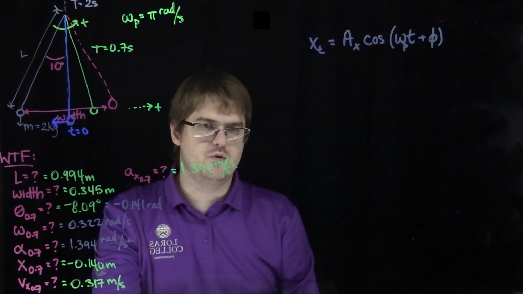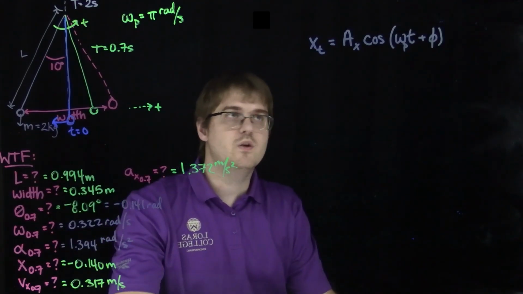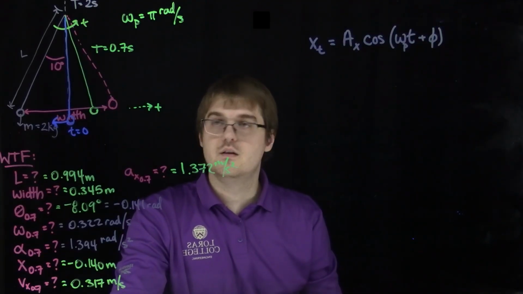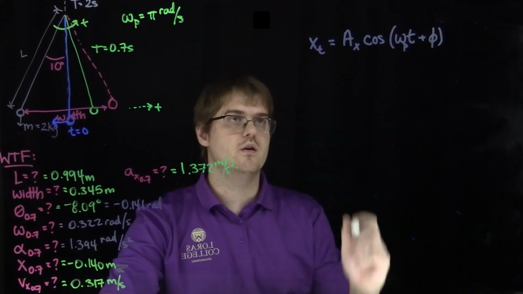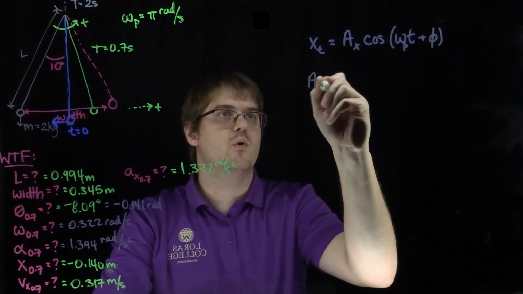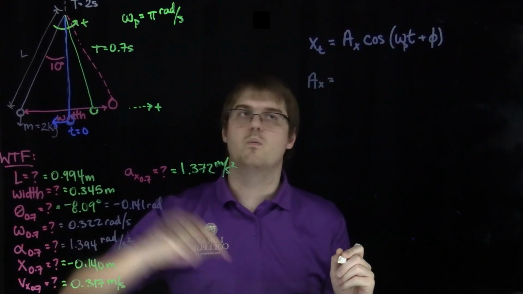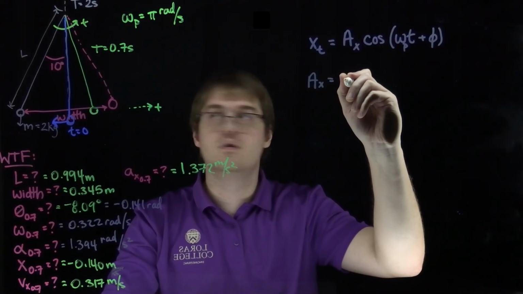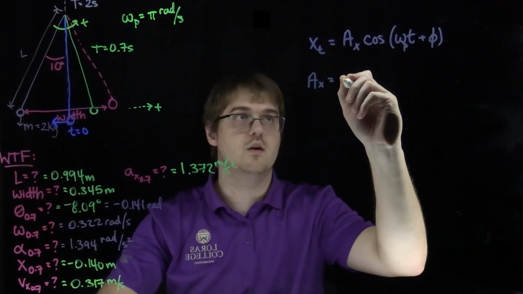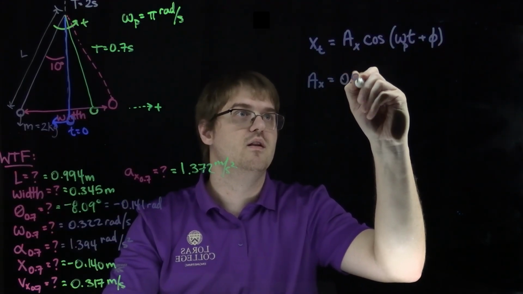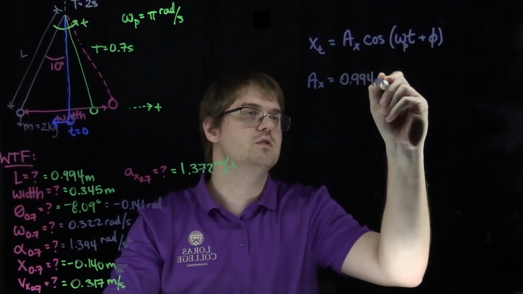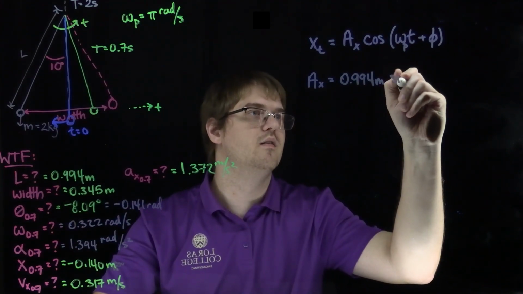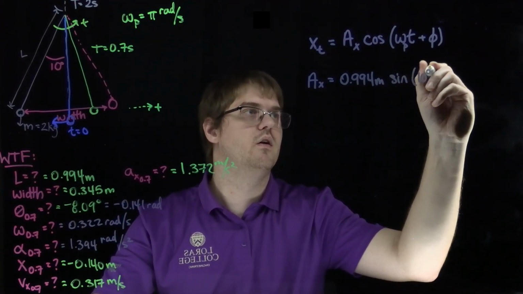And I am fine for small angles if you always just jump to this. Now this a in the x, we first need to calculate. So this is our maximum angle. So a in the x is going to be equal to, when we're using our 10 degrees, our radius, so our length here, which was 0.994 meters, and I want the portion of that that is in the x, so that is going to be the sine of 10 degrees.